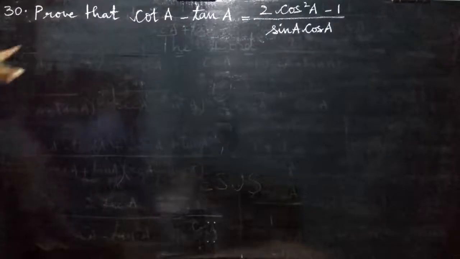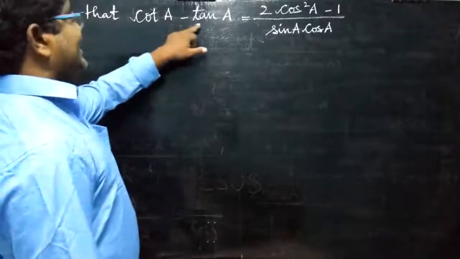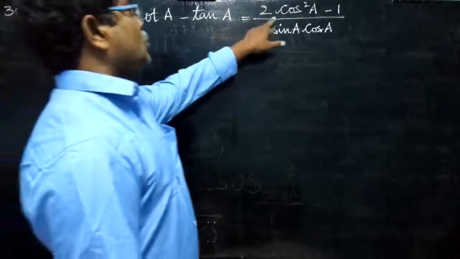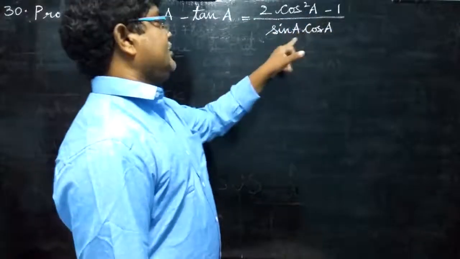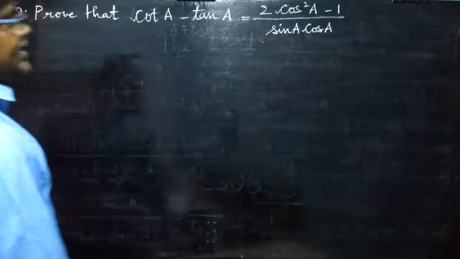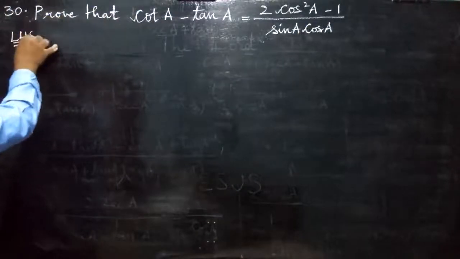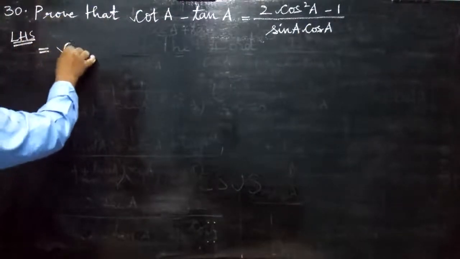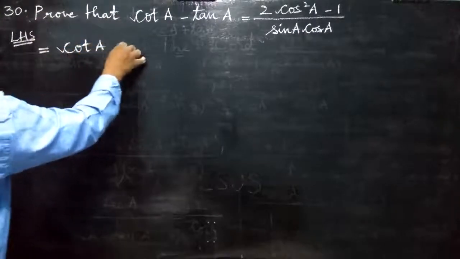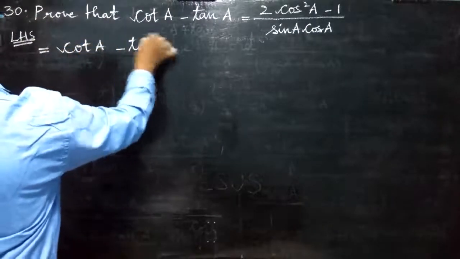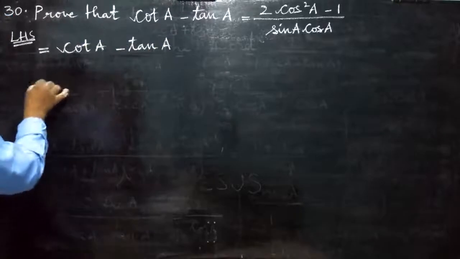30th problem. Prove that cot A minus tan A is equal to 2 cos square A minus 1 by sin A into cos A. Take LHS. What is LHS given? Cot A minus tan A. What is cot A?